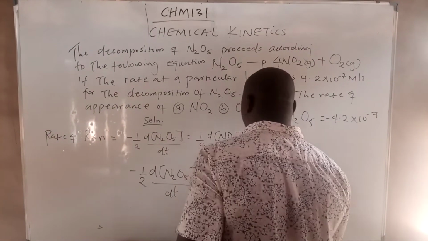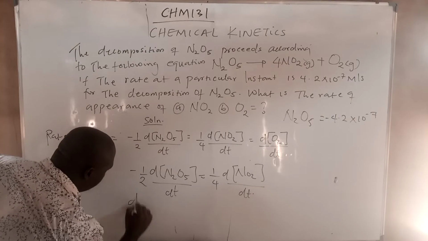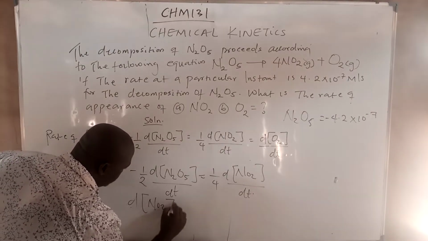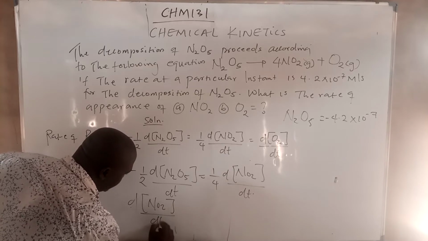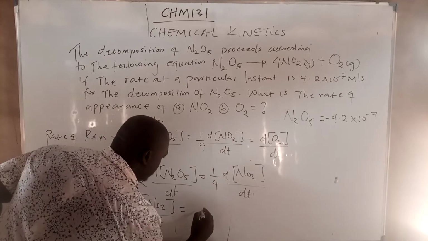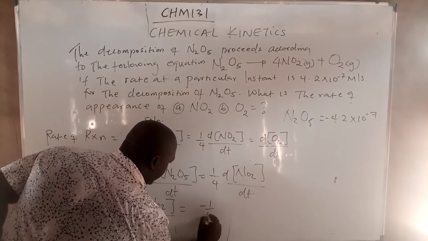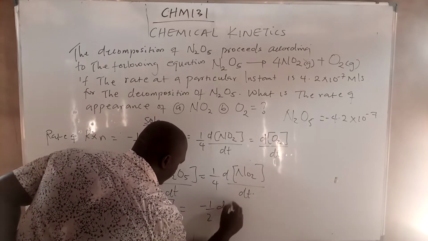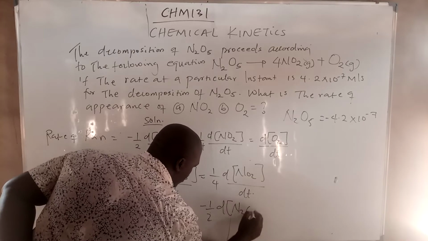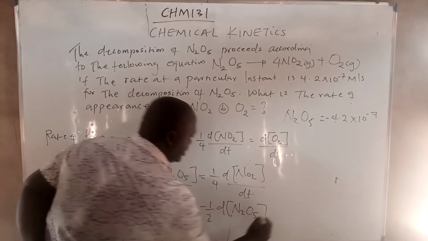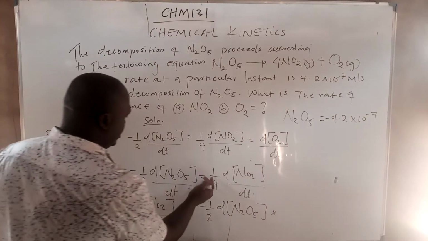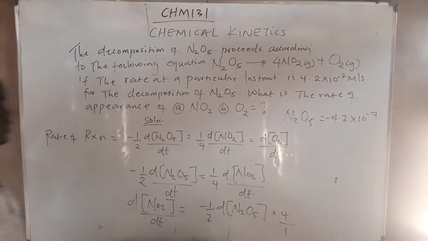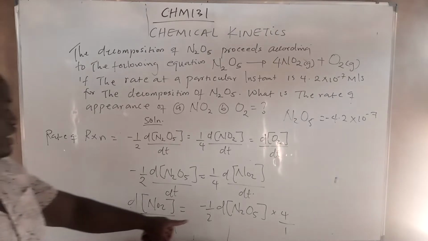So dN2 all over dt will be equal to minus 1 all over 2 dN2O5, right, times this coefficient, I will invert it, times 4 all over 1. That's all.